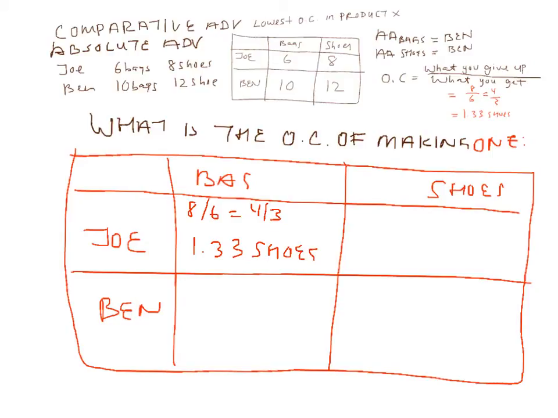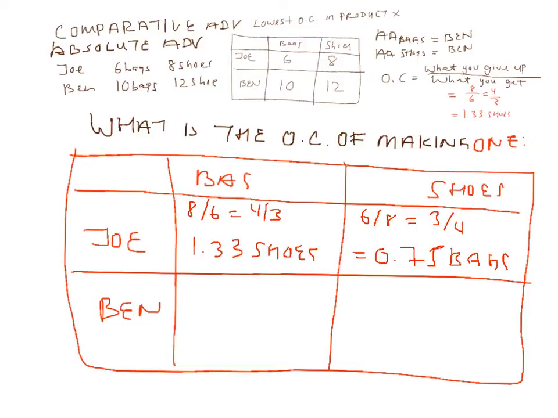Any one of these answers is correct. And how many bags would he have to give up if he was to make only shoes? If he's making only shoes, he's going to make up to 8 shoes, but he's going to give up 6 bags. These are all correct answers.